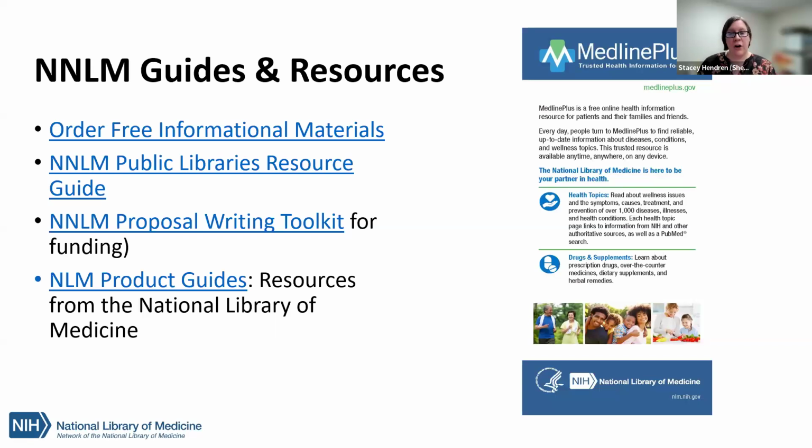And they also offer a yearly webinar about how to apply for NNLM funding, regardless of your region. And then additional guides and toolkits include, but are not limited to, Black maternal health, emergency disaster preparedness, and grant proposal writing. There's downloadable print materials also available for order on many of their different products.